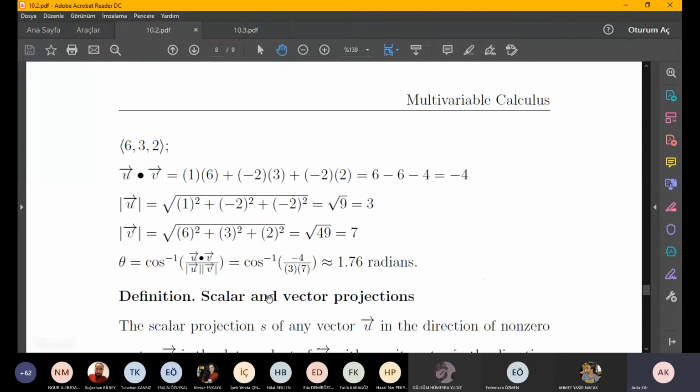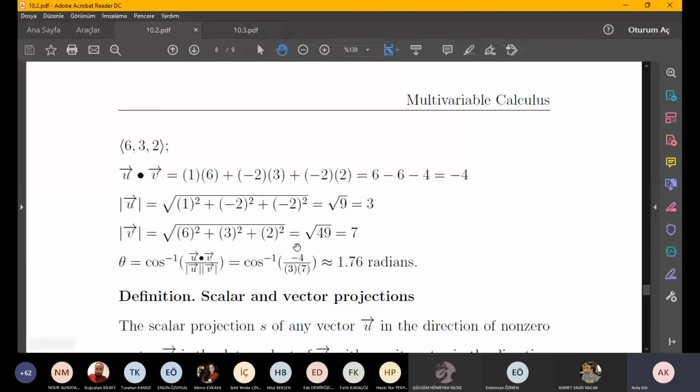And now we will try to see also the angle between u and v. To do that, we need to compute the lengths of u and v. First, the length of u will be the square root of 1 squared plus -2 squared plus 2 squared, which will be 3. And the length of v will be the square root of 6 squared plus 3 squared plus 2 squared, which will be 7.